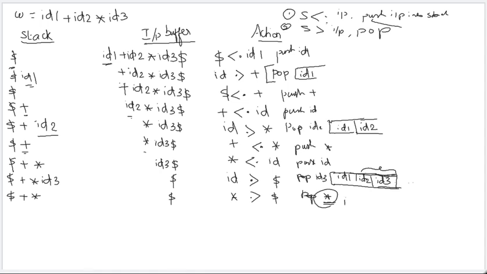So your new stack will contain ID1 is existing thing and these two elements will be taken out and the operation is performed. So it will be ID2 into ID3. This is available as a single element. So now the stack has dollar plus, and this also has dollar.